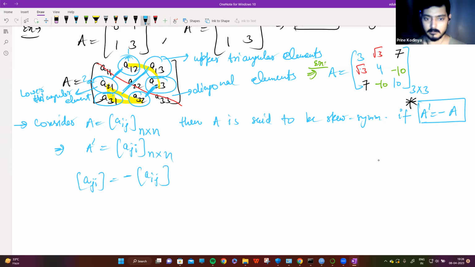Going purely mathematically, nothing very fancy. This is just for the matrix symbol, but we are comparing the elements only. So you can also write Aji is equal to minus times Aij. That is the rule.